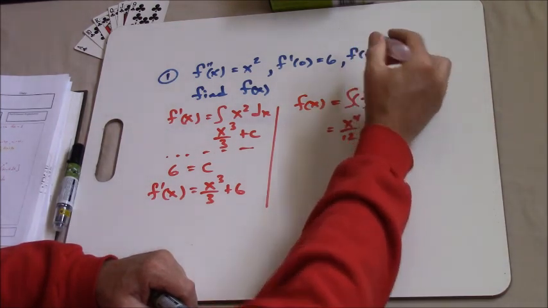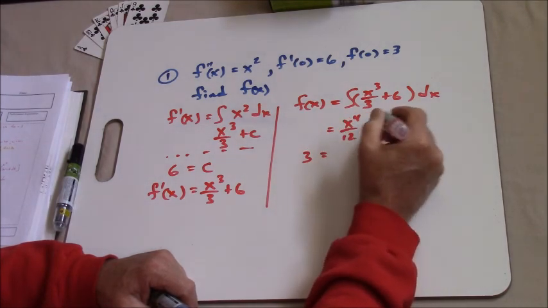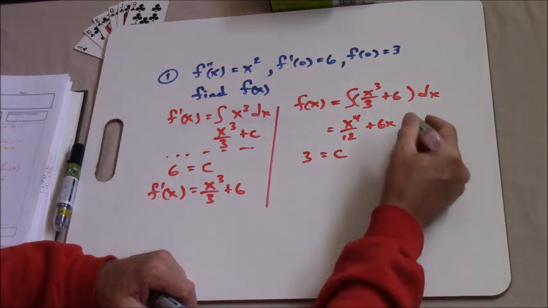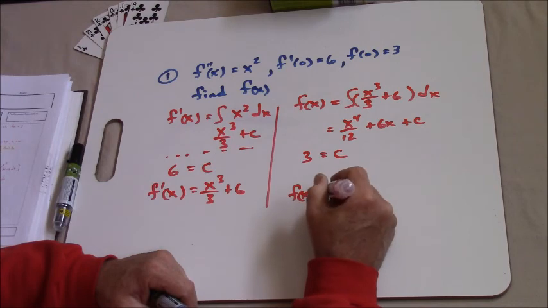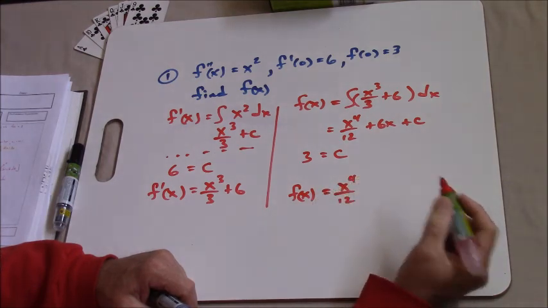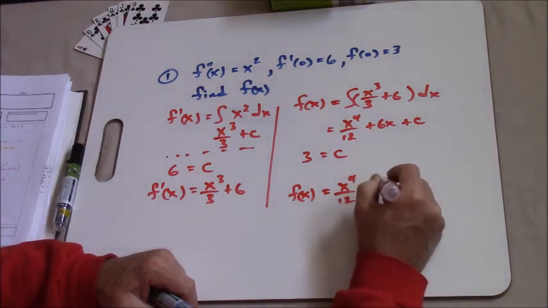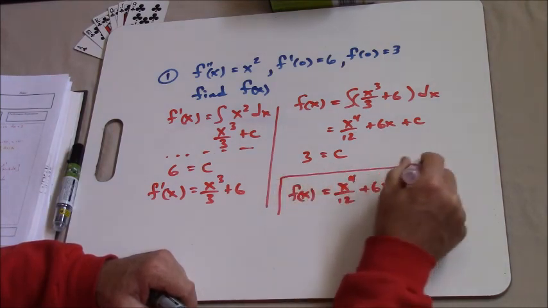I know if I plug a 0 into that, I get 3. So 3 would equal 0 plus c. There's my c value. My final answer here is f of x equals x to the 4th over 12. You could write 1/12 x to the 4th if you want. Plus 6x plus 3. There's my answer.